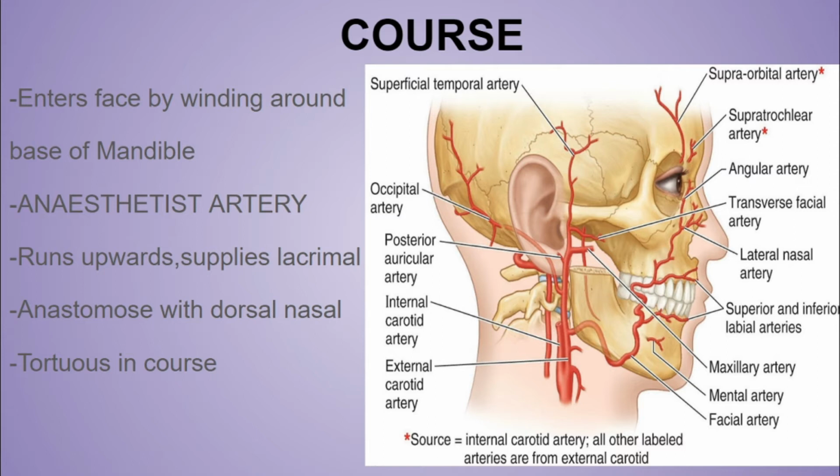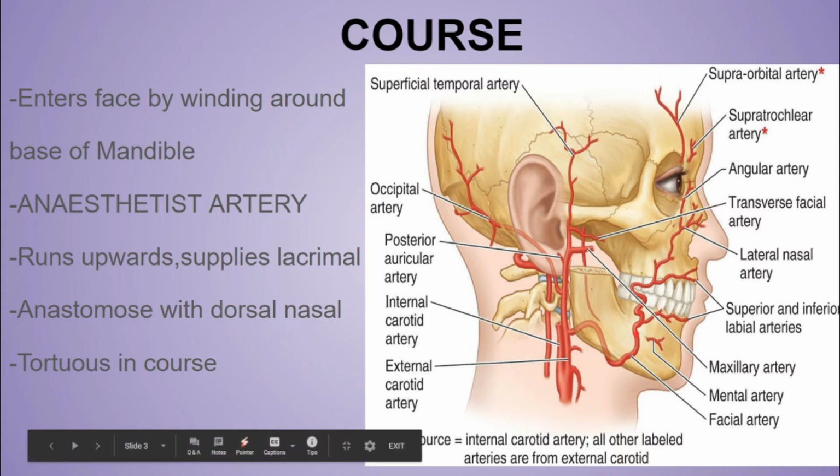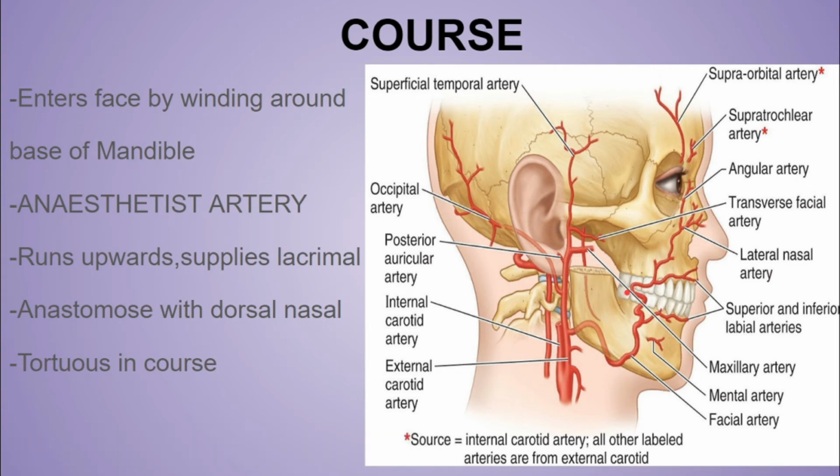Now at the anterior inferior angle of the masseter muscle, the facial artery is palpated over here, and that's why this artery is also known as the anesthetist's artery, because it can be palpated over here. Now as you can see over here, it first runs upward and forward to a point 1.25 centimeter lateral to the angle of the mouth.